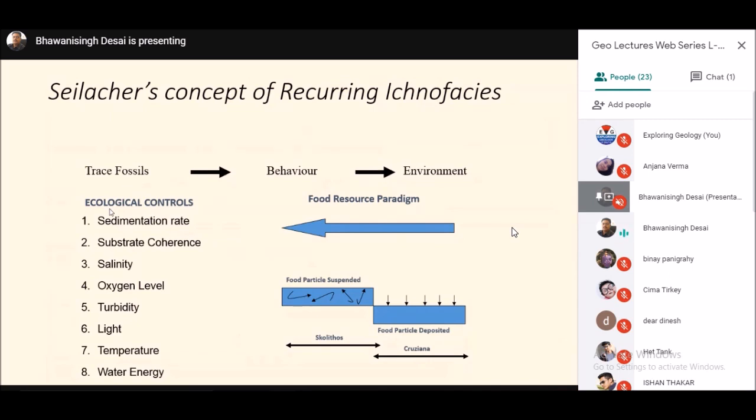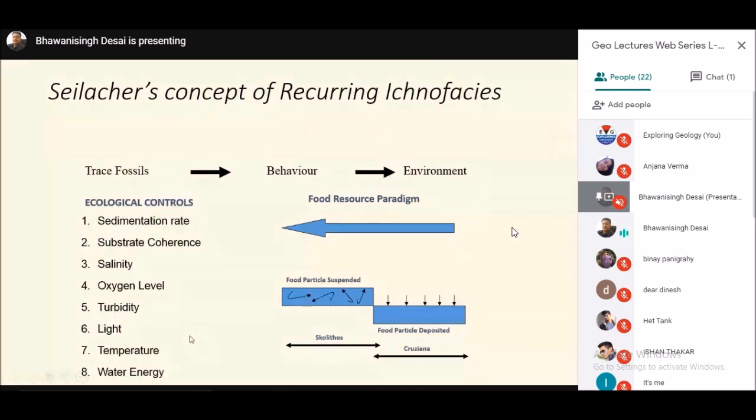Eight major factors control this environment. If any one of them changes, the behavior of that community of animals will change, and that would be reflected in trace fossils. The best example is, let us look at the food resource.